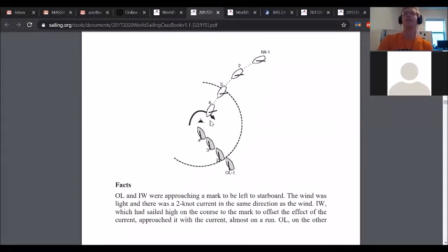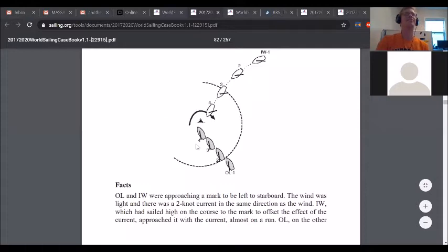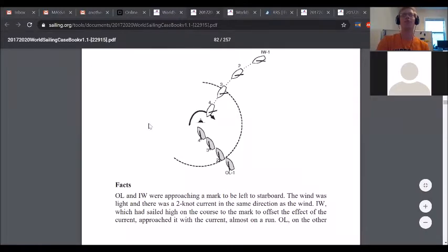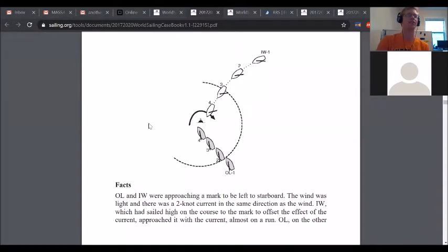So I thought it was very interesting to realize that I had been misinterpreting this definition. So hopefully that helps us with our understanding there. This is not a specific situation we'll ever see, but it gives us that little clarification of what is overlap. Overlap is actually the default. Boats are overlapped unless we can find that one of them is clear ahead and the other is clear astern.